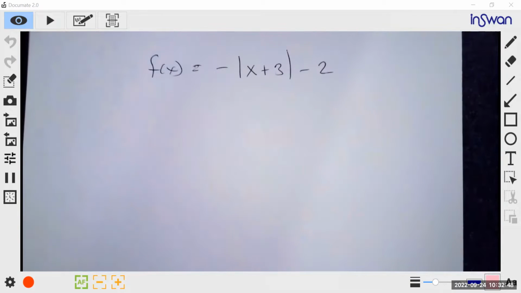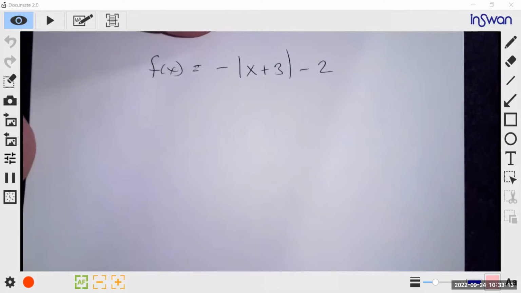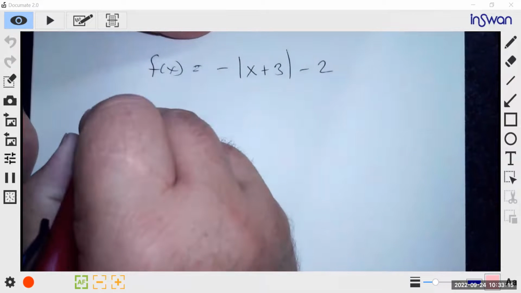Let's look at that. It's looking upside down and now it's going to look upside up.